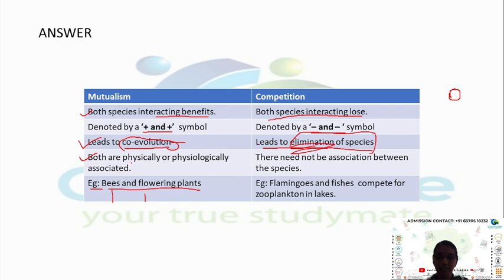In competition, there need not be an association between the two. See this example, flamingos and fishes compete for zooplankton in lakes. They are not associated at all, but they compete with each other. So this is the difference between mutualism and competition, and if there are many other differences also, you can write those.